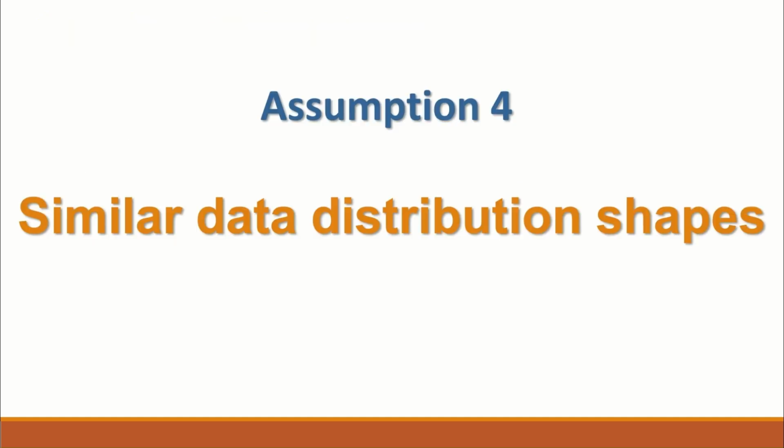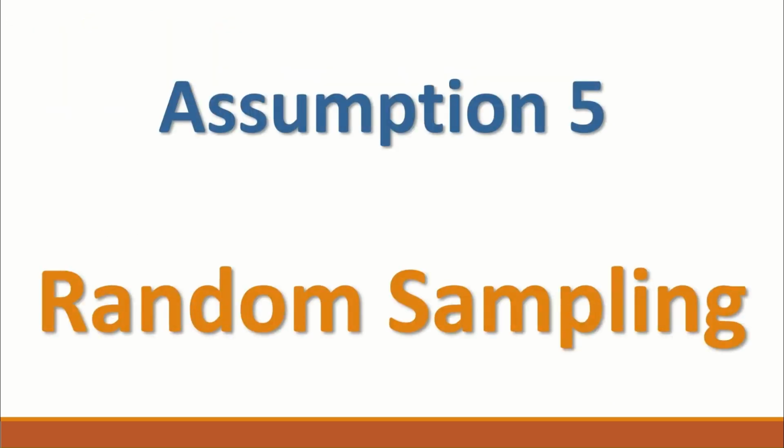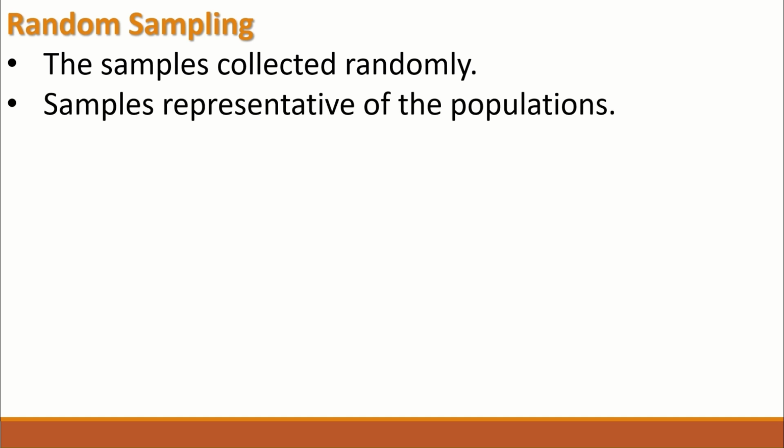The fourth assumption is similar data distribution shapes. There should be the same data shape distribution for both groups of the independent variable. The fifth assumption is random sampling. The sample is collected randomly from the population and the samples represent the population.